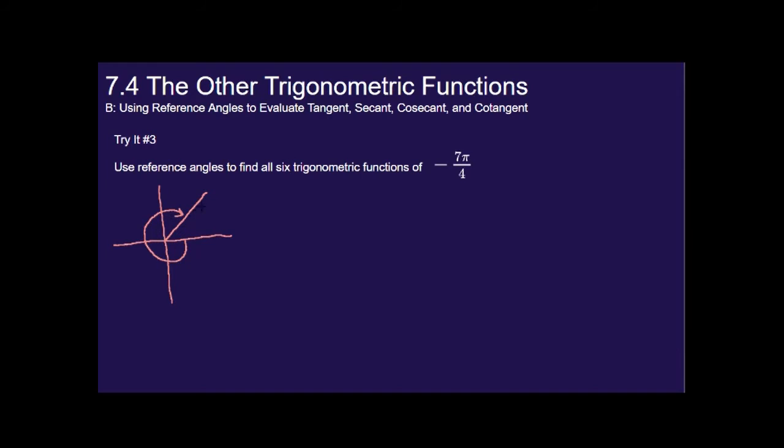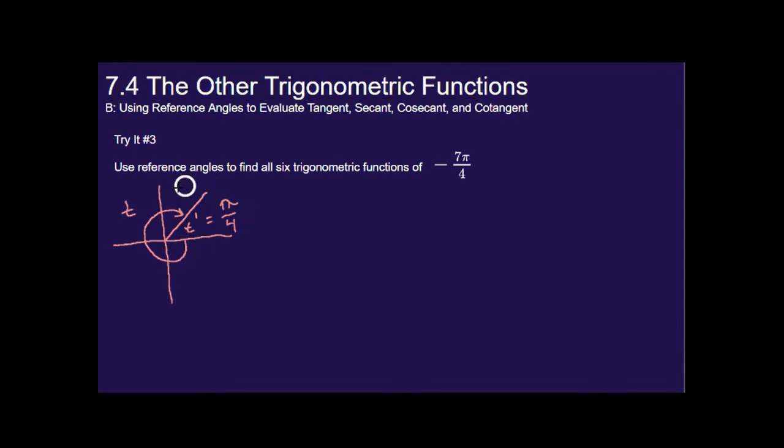And that means our reference angle here, so this is t, our t prime is equal to pi over 4. Okay, so we're just going to use pi over 4 to find all your trig functions of negative 7 pi over 4.